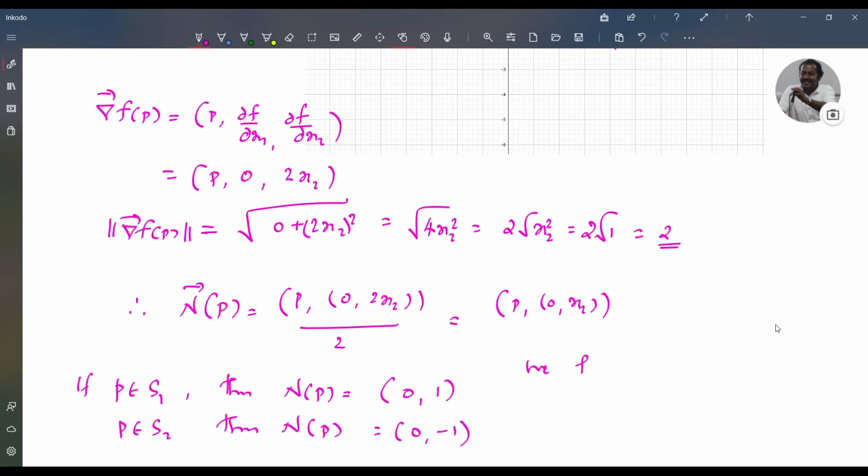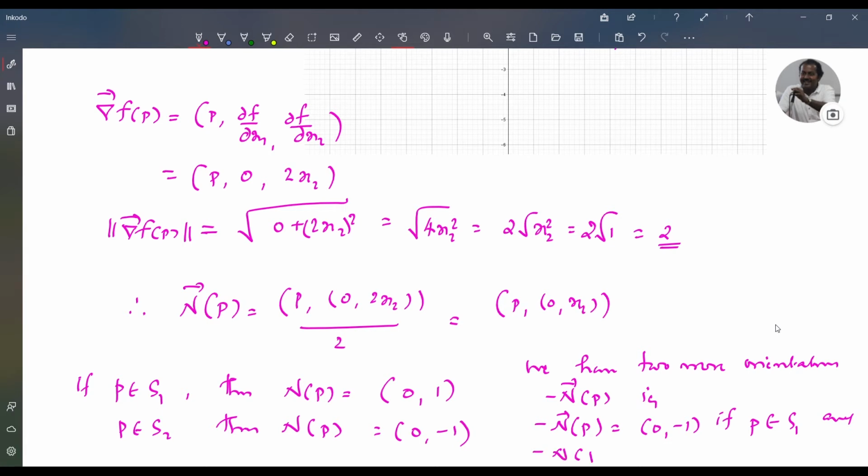We have two more orientations: minus n of p equal to (0, minus 1) if p belongs to S1, and minus n of p is (0, 1) if p belongs to S2.